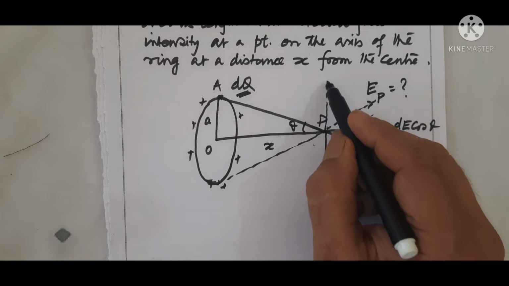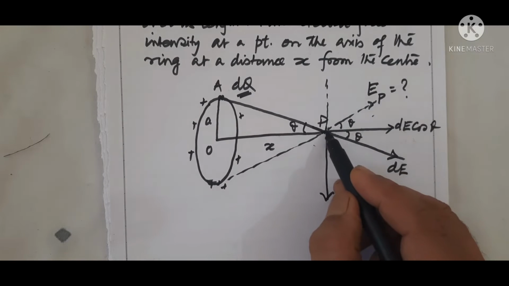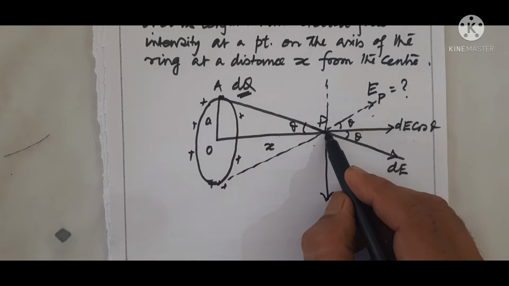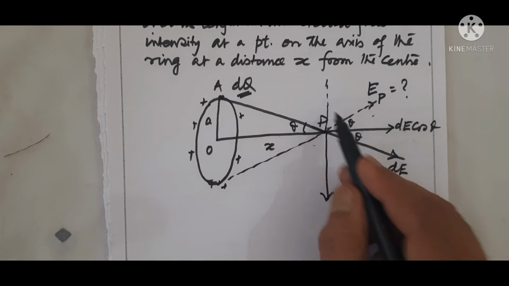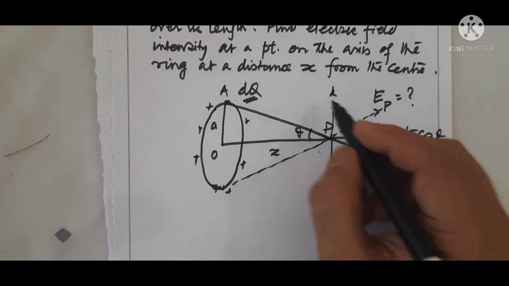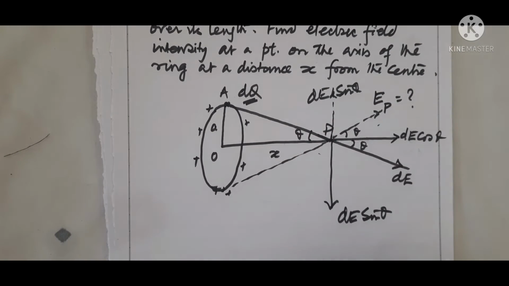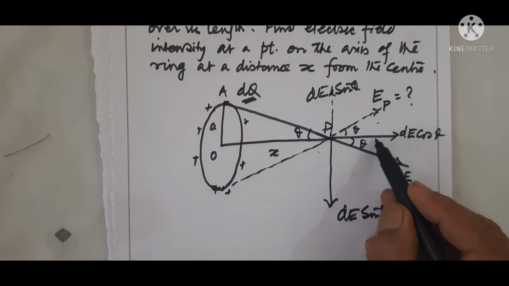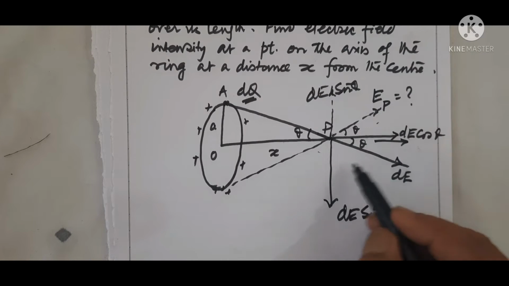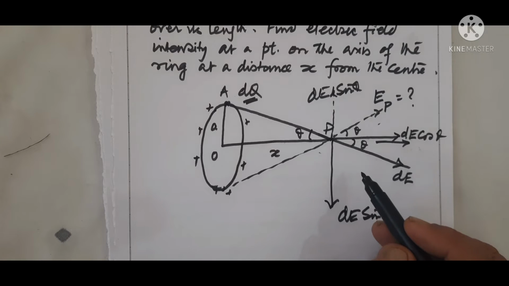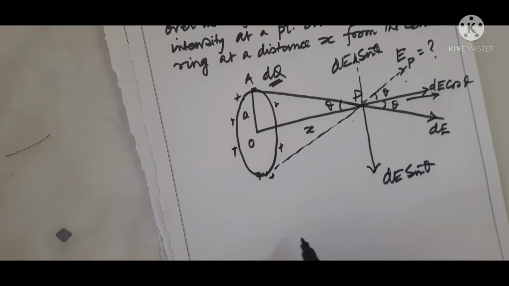So what we observe is that the vertical components are acting at the same point, so these two are going to cancel. This dE sin theta also cancels, leaving behind only the axial component. So we have to write it in this way.